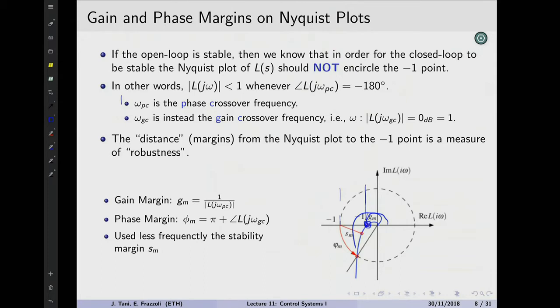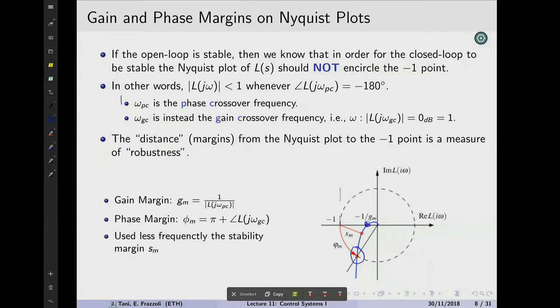If we consider the intersection of the Nyquist plot with the critical circle, that is this point here, so the value of the phase when the magnitude is equal to 1, then the amount of lag, that is negative phase, we have to give to the system before the Nyquist plot crosses the critical point, the minus 1 point, is a quantity called the phase margin. It's another very important quantity that characterizes the robustness of a system. It tells us basically how much more delay the system can handle before it goes unstable.